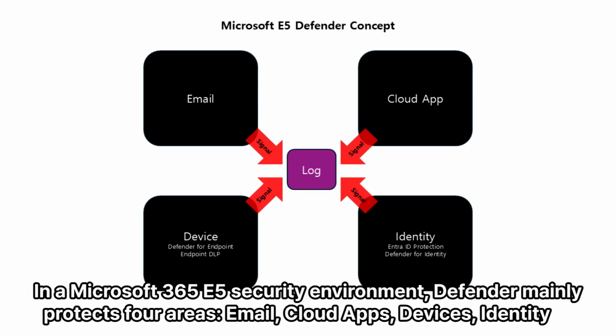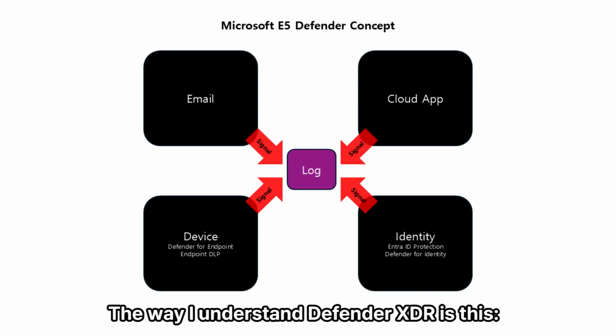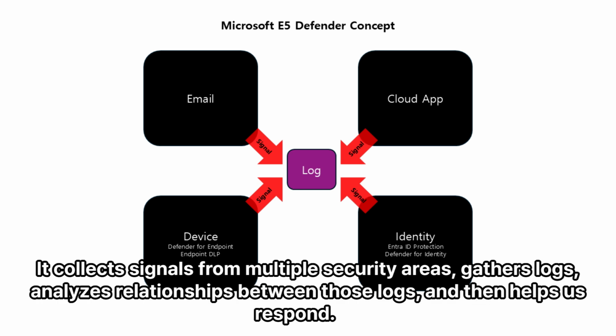In a Microsoft 365 E5 security environment, Defender mainly protects four areas: email, cloud apps, devices, and identity. The way I understand Defender XDR is this. It collects signals from multiple security areas, gathers logs, analyzes relationships between those logs, and then helps us respond.